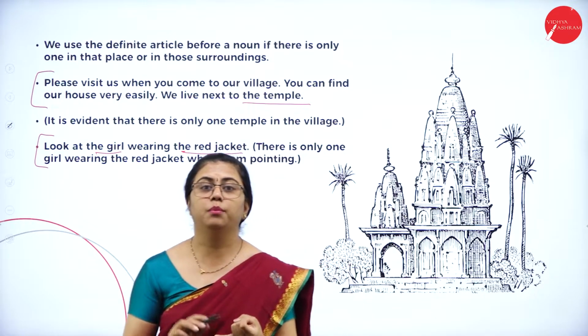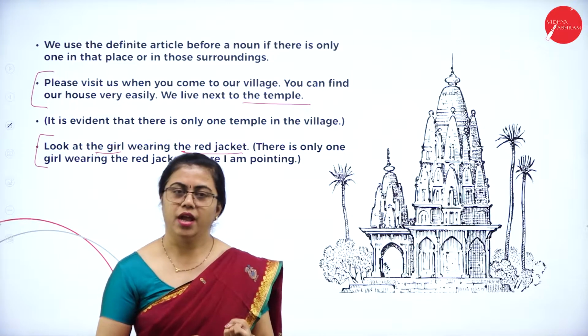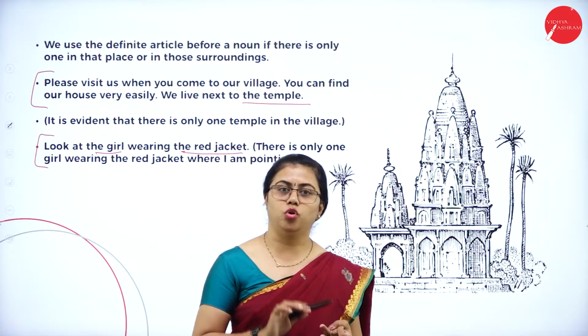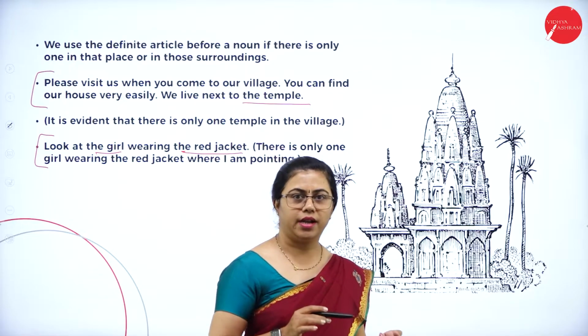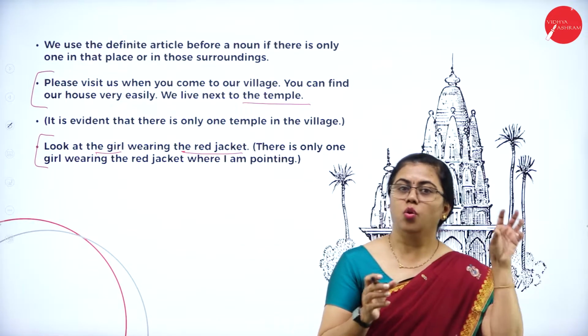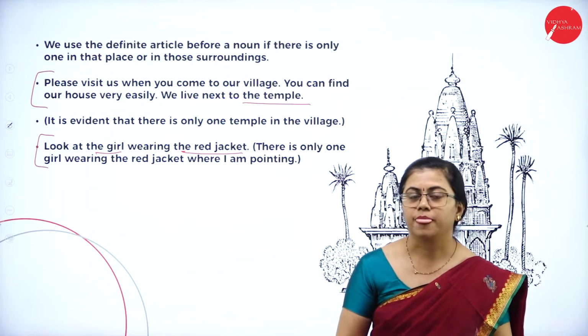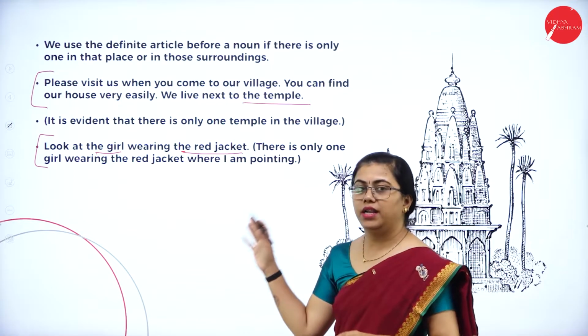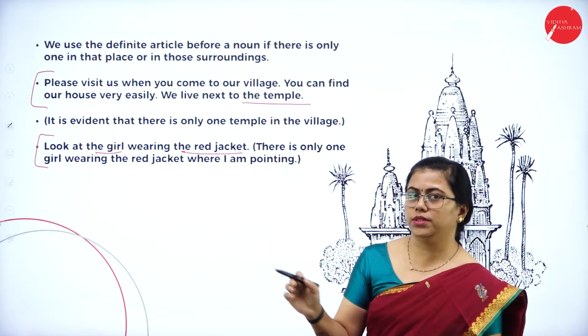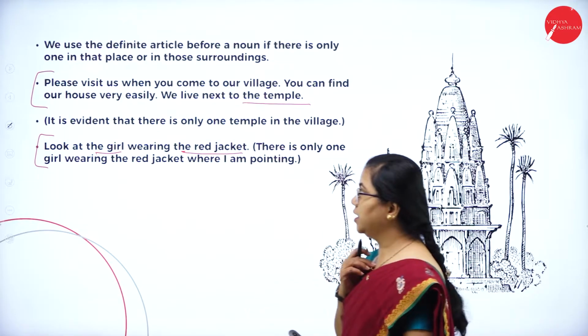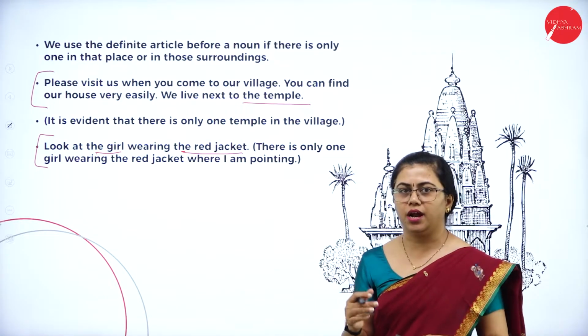I'm talking particularly about the red jacket, and I'm also talking about that one girl who is wearing it. So I'm referring to one particular color and one particular girl. That's why I have used the definite article in both places. So this is another usage of this definite article.